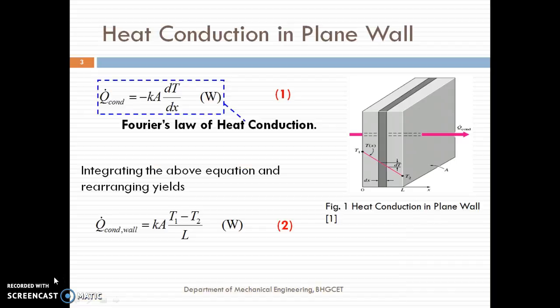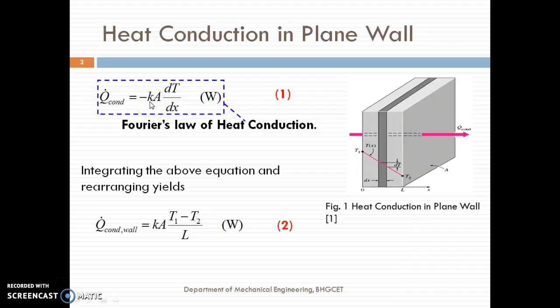Heat conduction in plane wall. In the previous presentation we discussed Fourier's law of heat conduction. Written in the form of an equation, the rate of heat transfer by conduction is Q = -kA dT/dx.